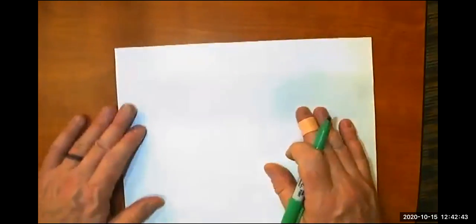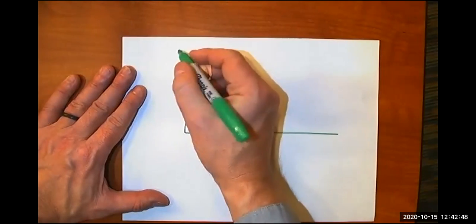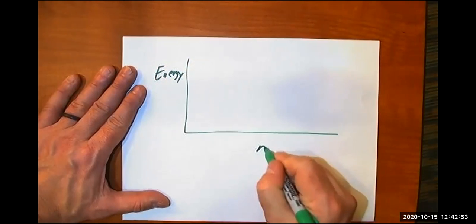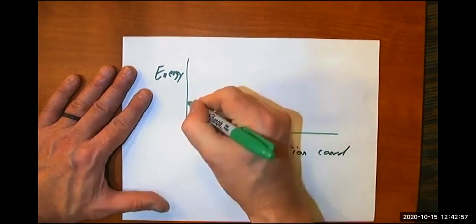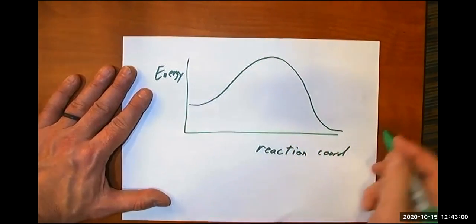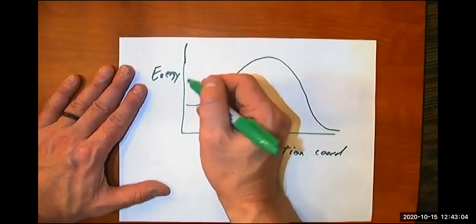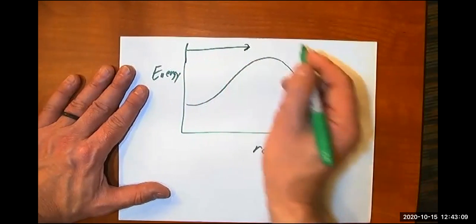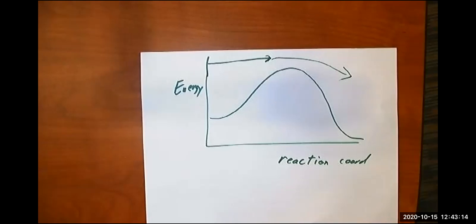here is the picture that we're usually drawn: we have our energy and our reaction coordinate, and we have our activation barrier, and we have some temperature where some fraction of the molecules, or some fraction of the collisions, are able to get over the reaction barrier into products.